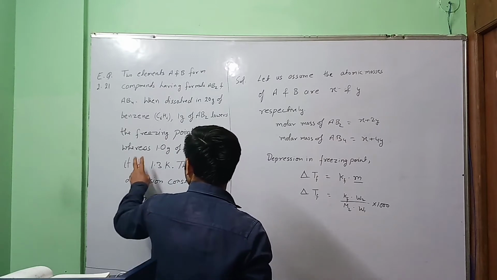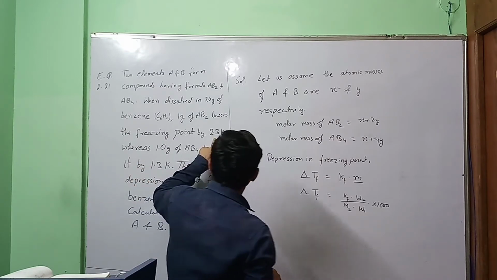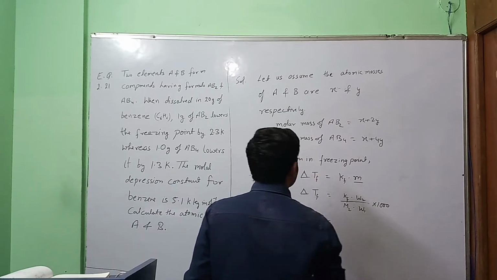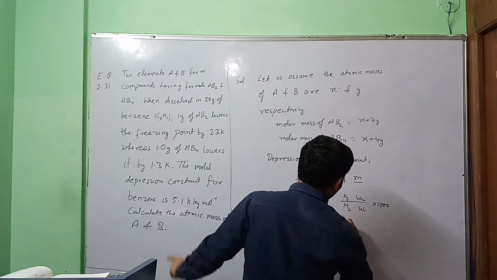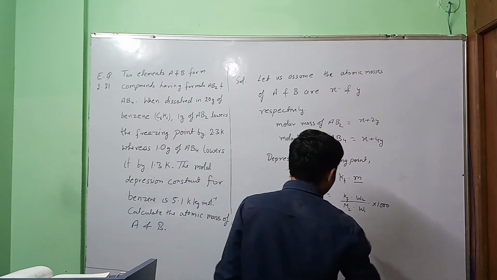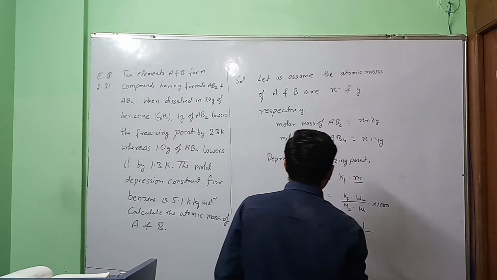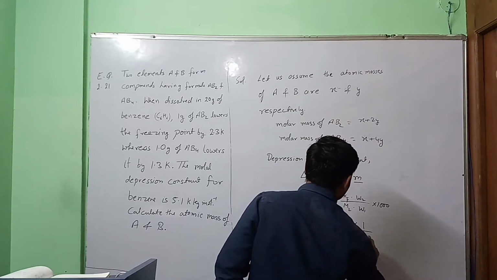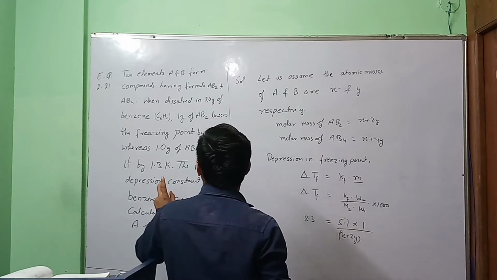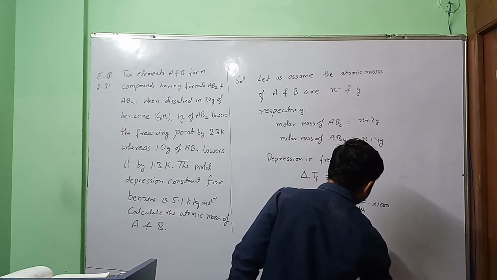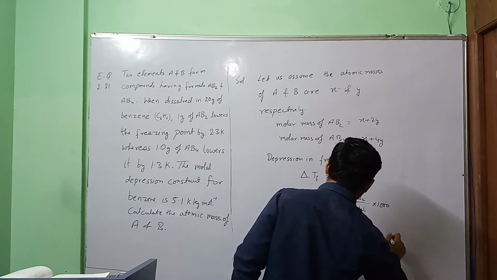So in the first case we are given delta TF as 2.3 equal to KF, which is 5.1, into W2, given as 1 gram, upon M2, for which we will use X plus 2Y, into W1. W1 is mass of benzene, that is 20 gram, into 1000.